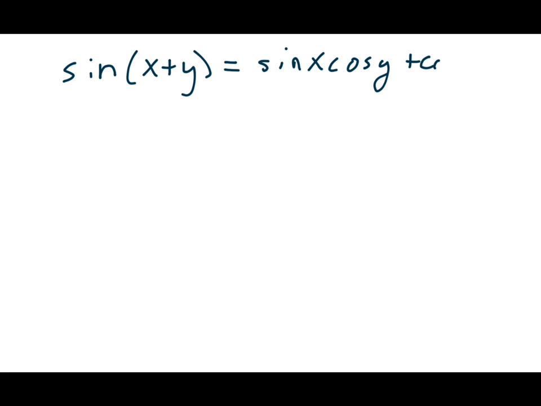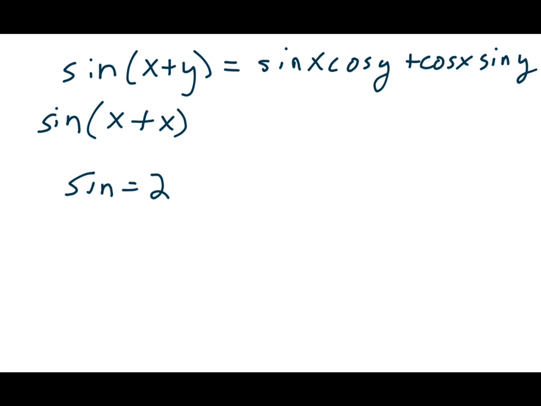Okay, so first, let's do the one for sine. We already have the formula for the sum: sine of x cosine of y plus cosine of x sine of y. If I make those the same angle, x plus x, that would give me my double angle.